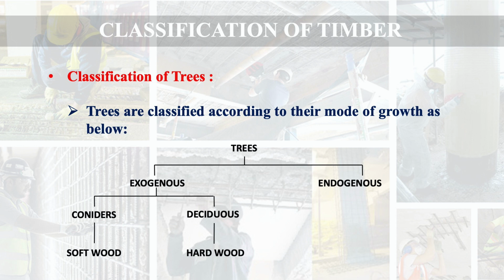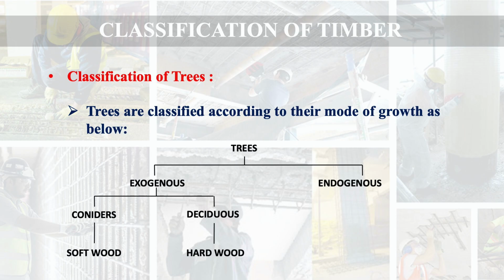In exogenous, there are again subclassifications: conifers and deciduous. Conifers generally have softwood, whereas the deciduous have hardwood. So this is the classification of trees basically. Two main categories: exogenous trees and endogenous trees.